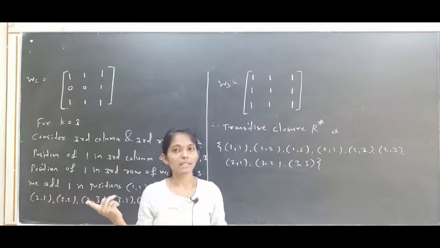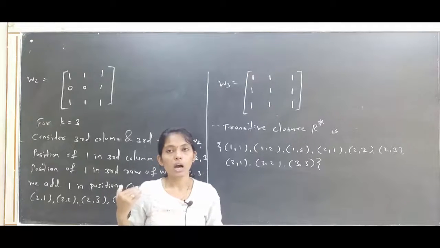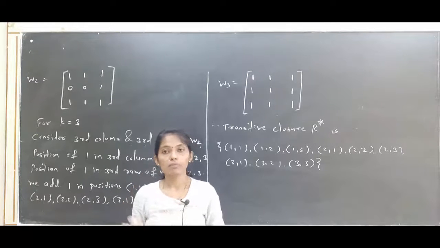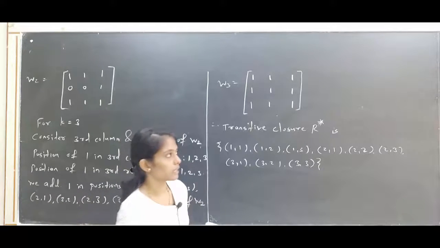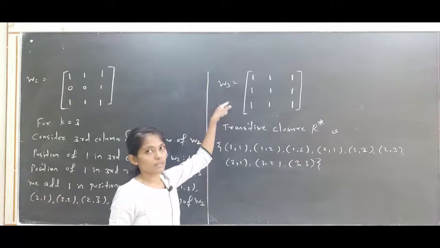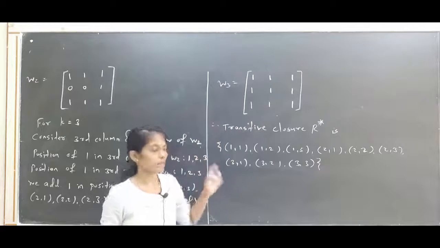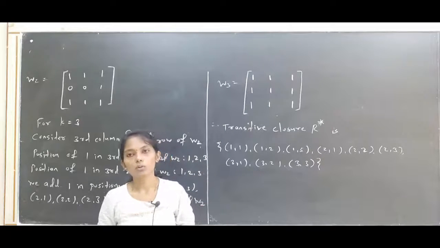By adding these positions we get W1. Now repeat this procedure up to k equals n. When we do it for k equals n, we get the last matrix, and this matrix is nothing but the transitive closure of relation R, that is R star. So all of you get this?